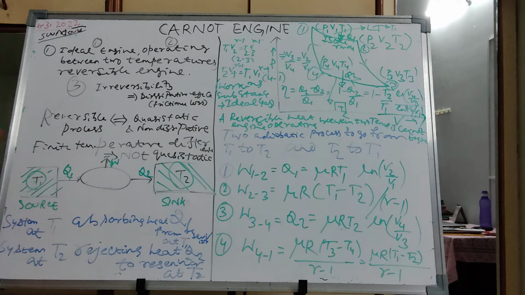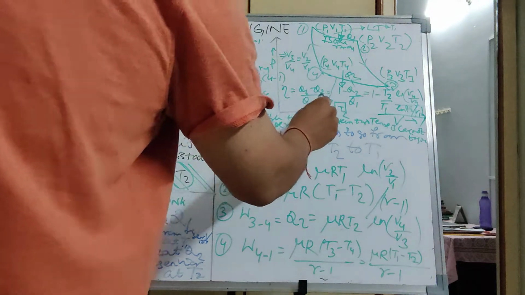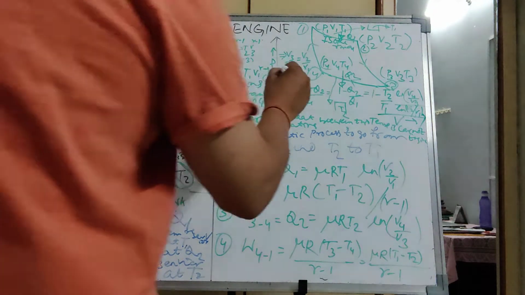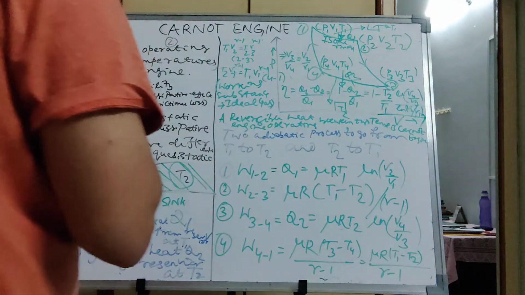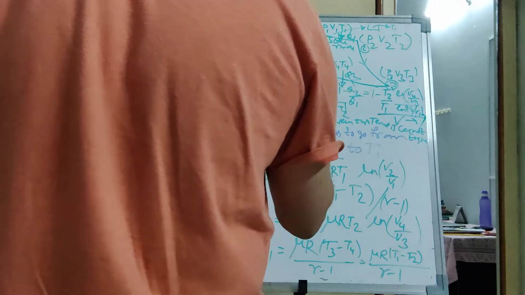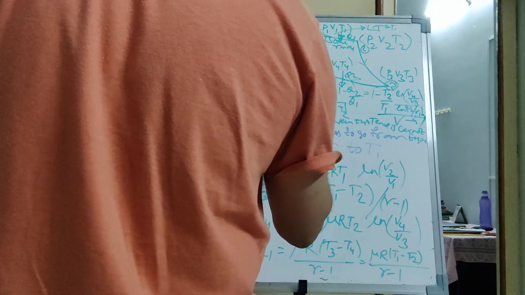For that, we have already derived the work done in an isothermal process and the work done in an adiabatic process, right? We know that efficiency is work done divided by Q1.